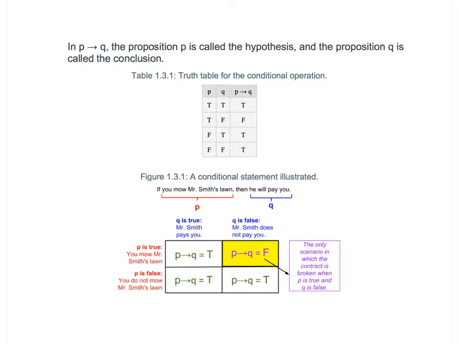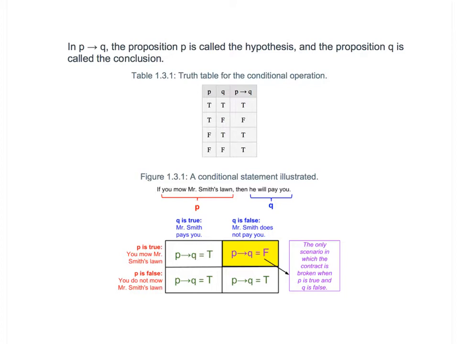Let's look at the third case, in which you don't mow his lawn and he pays you. That doesn't contradict the contract you had with Mr. Smith, because you didn't mow, but he wanted to pay you anyway. So there's nothing wrong with that. He's generous. In the last case, when P and Q are both false, you don't mow his lawn and he doesn't pay you.